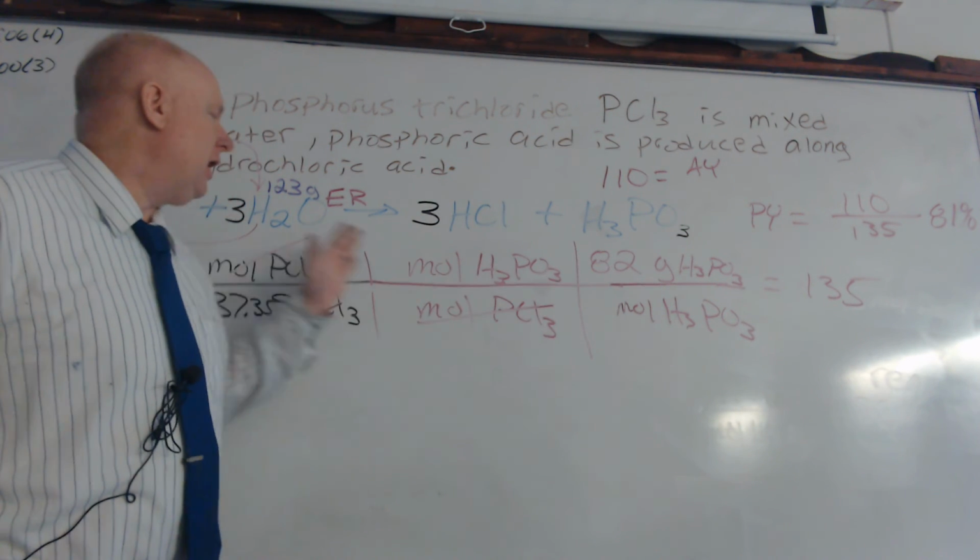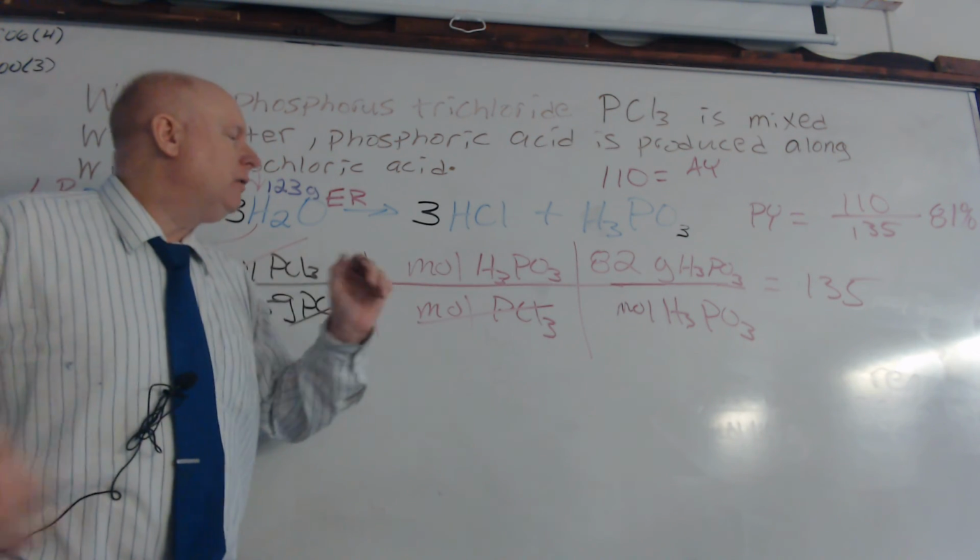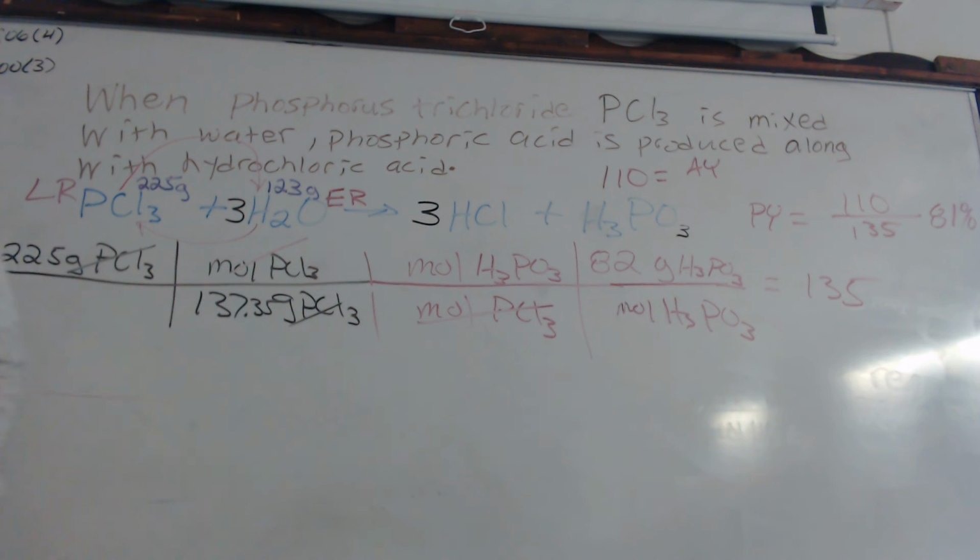So we've done a mass to mass, we've done mole to mole again, and we've done the limiting reactant, and we've done the percent yield. All wrapped up in one. Probably the toughest part, okay, some underclassmen are working on this now. Some of it, it's easy to make a mistake there.